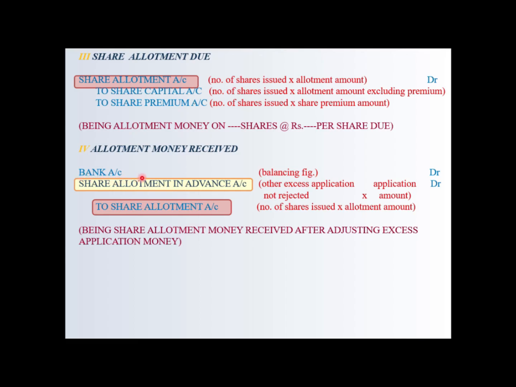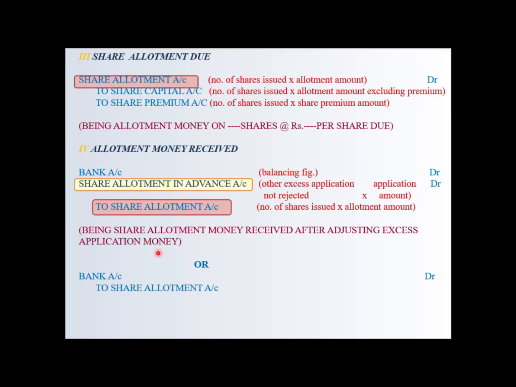Bank account debit, share allotment in advance account debit to share allotment account. The same entry you can also pass as bank account debit to share allotment account as it is given in our government textbook. Narration: Being share allotment money received after adjusting excess application money.